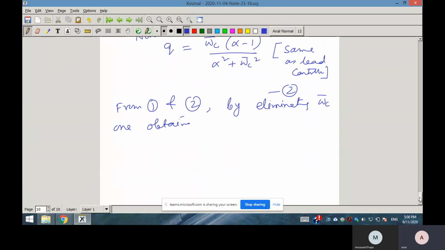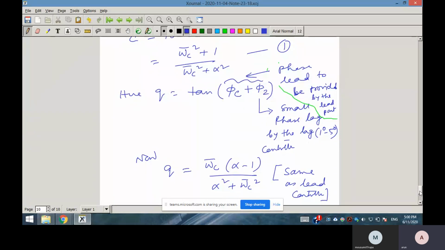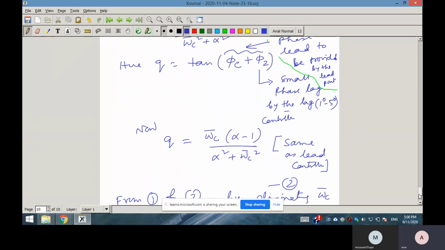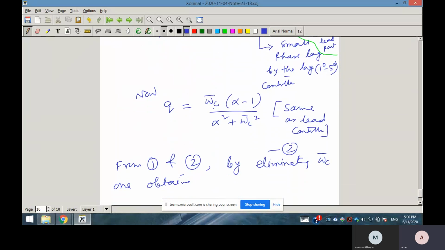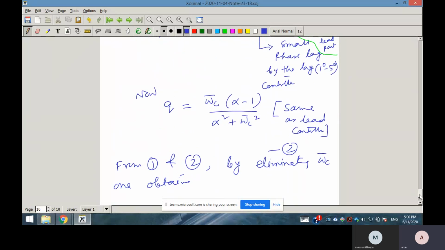That means you take omega c and find it from here. Once you get omega c, you substitute omega c square here. You square both sides, and then you can substitute. Then ultimately you will get an equation involving q, c, and alpha.